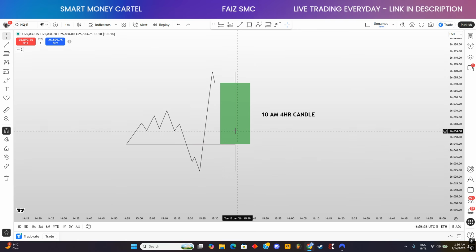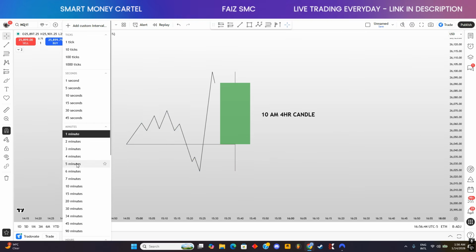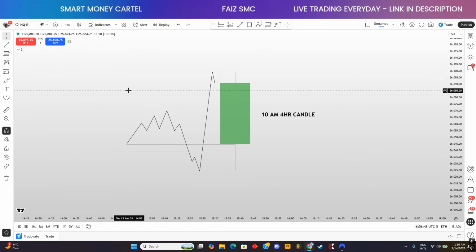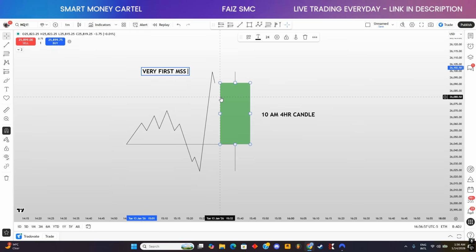So first thing first, mark out the opening price. Once you have marked out the opening price, you have to then drop down to a lower time frame. This could be either the 5-minute or the 1-minute. I usually stick to the 1-minute time frame. So after the open on the 1-minute, first of all, I want to look for the very first market structure shift above or below the open.